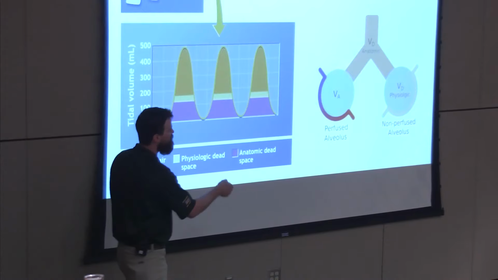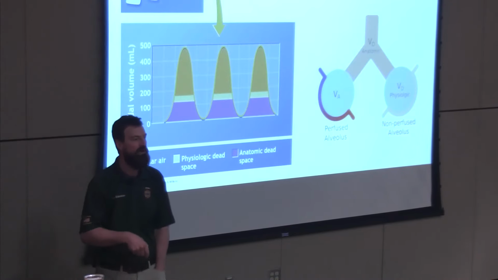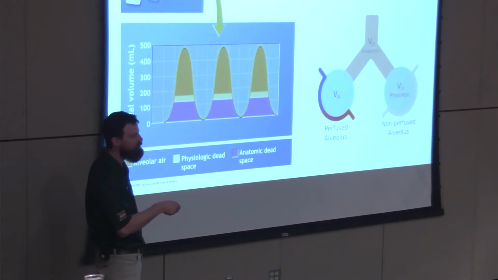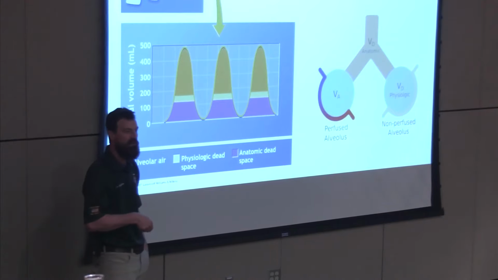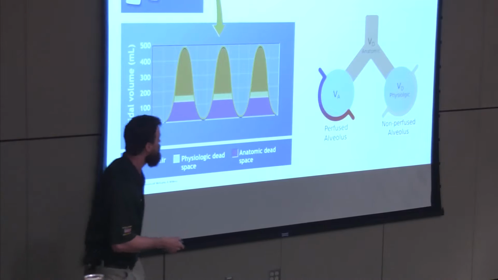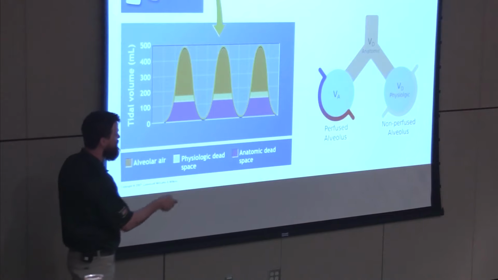So an underperfused segment, or an area that has some fluid in there, or collapsed alveoli, and I'm just not getting good exchange in that area, okay? So certain disease conditions can actually increase my physiologic dead space, right?